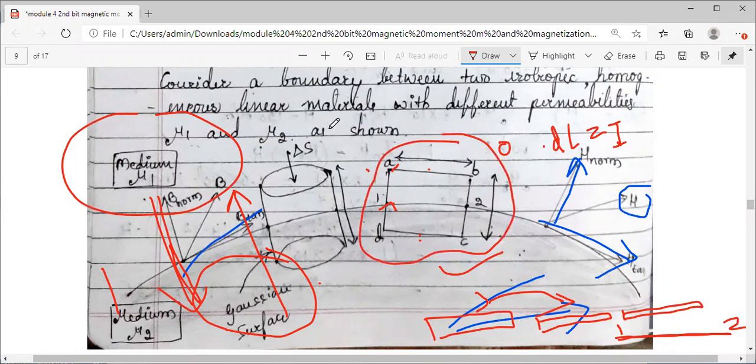Now to get the normal component, we will make use of this cylinder, an imaginary Gaussian surface in the form of a cylinder. Okay, you may ask the question, why have we considered these surfaces only, these shapes only?